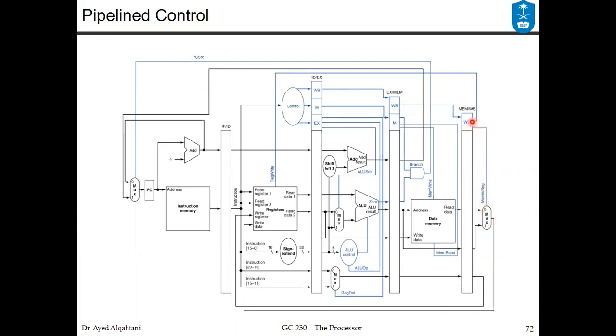Also be aware that the register write is actually not in the decode stage. It is moving from the write back to the register file, because you should allow writes to the registers when you are writing back. So this is what happens to the control.